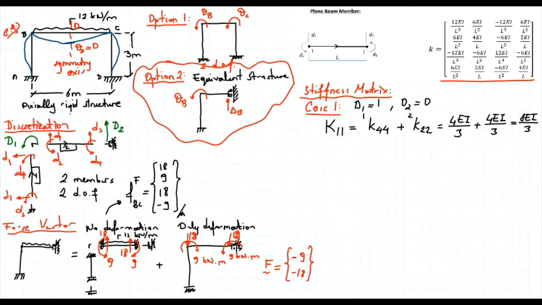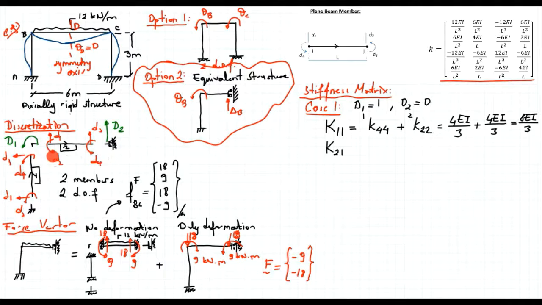Now I need to calculate the K21. Now we go back to that figure again. I have a unit rotation D1 and I want to keep the translation D2 equal to 0.